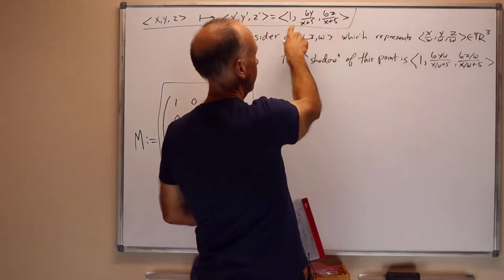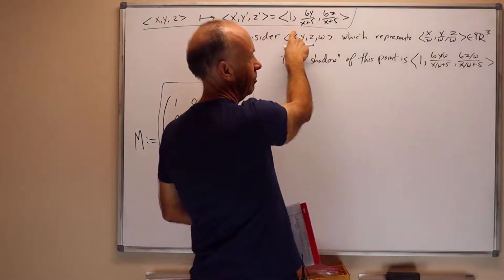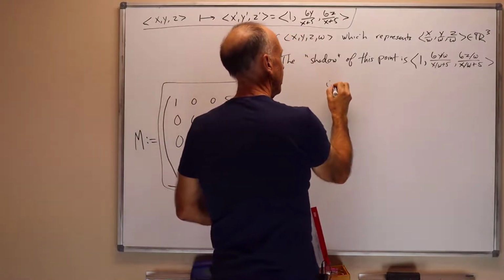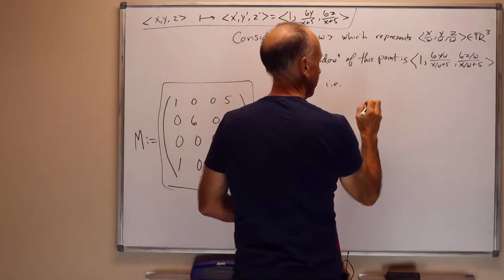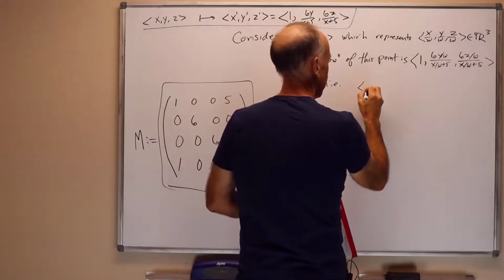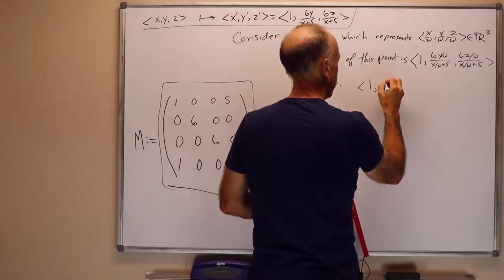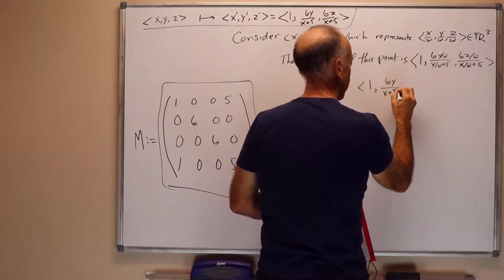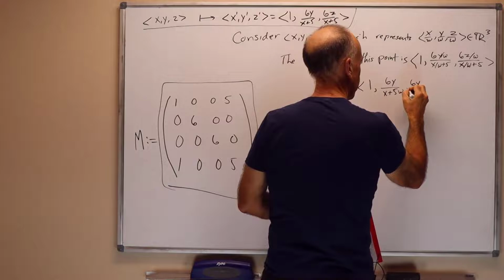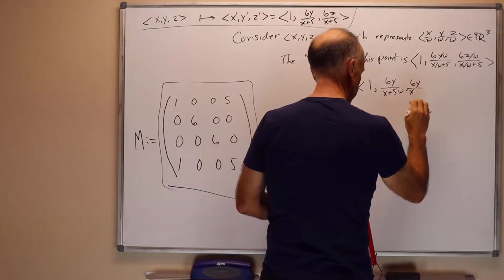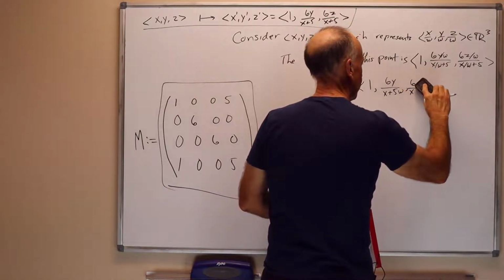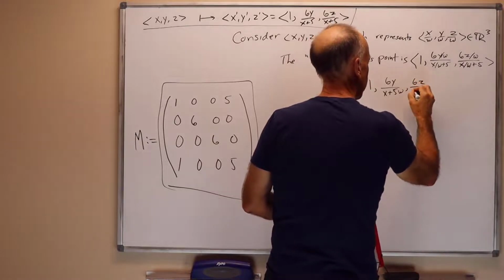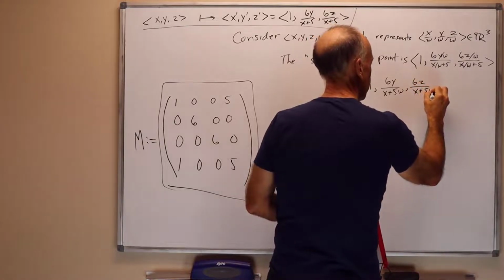We just plugged into this formula x over w for x, y over w for y, and z over w for z. If we clear the denominators with the w's a little bit, that's the same as 1, 6y over x plus 5w, 6z over x plus 5w.